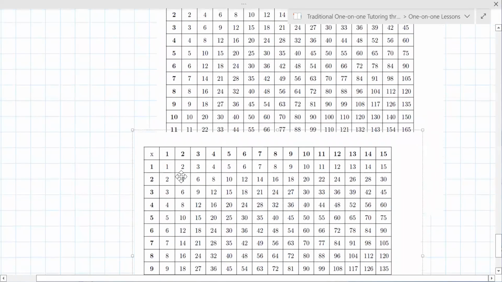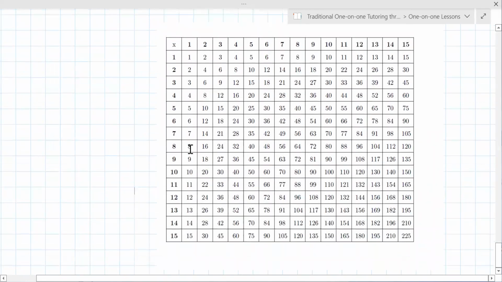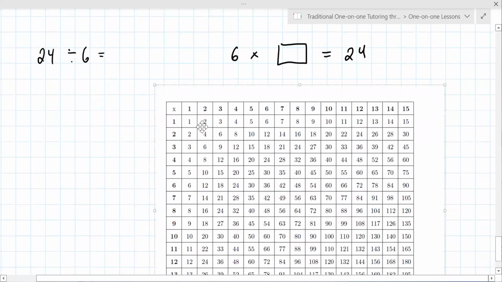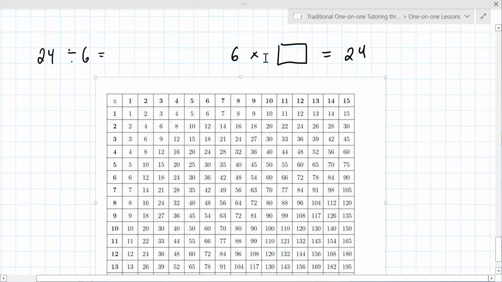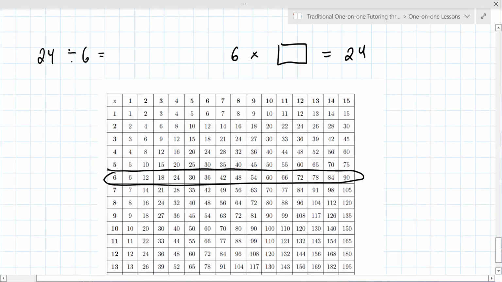The problem is I don't want to have to snip this in every time, but I will. It does help. So 6 times what number gets you to 24? 4. So 24 divided by 6 is also 4.